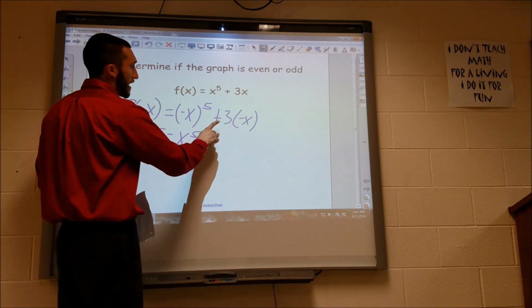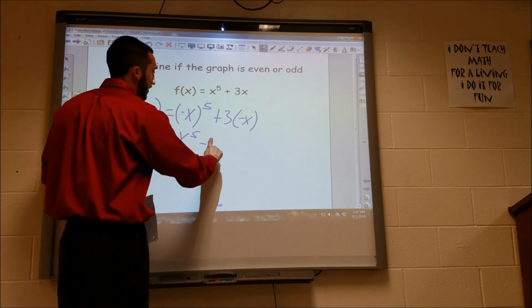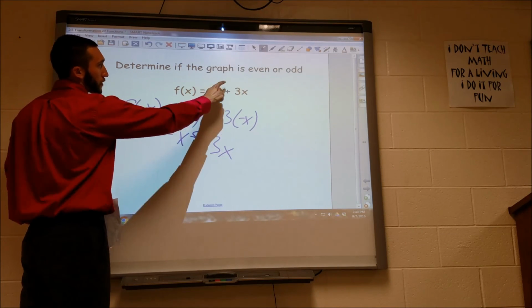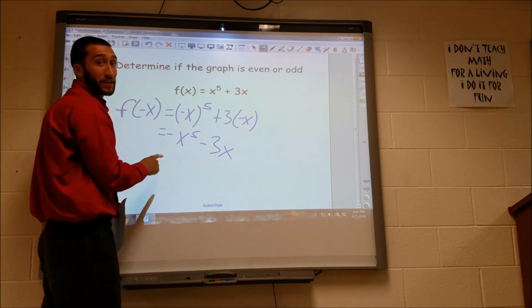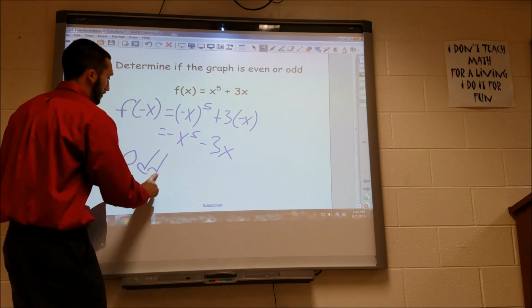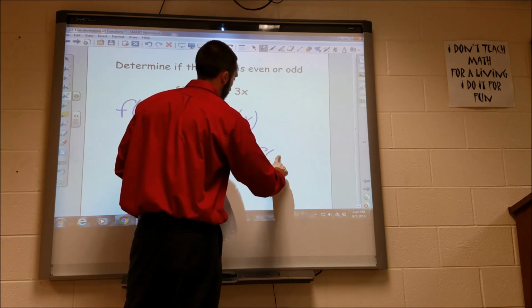And then here I have a 3 times a negative x. So we all know that's going to be negative 3x. So I changed my first term sign, that was a positive, now it's a negative. And I changed my second term sign. It was a positive, now it's a negative. So this is odd, right? So this equals negative f of x.